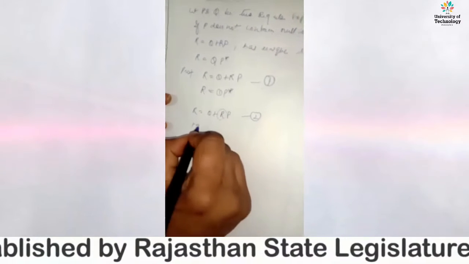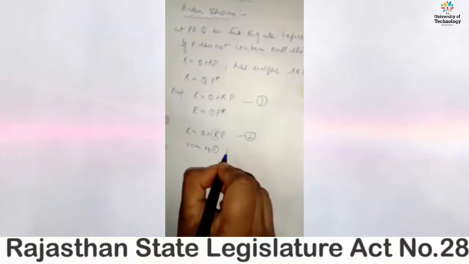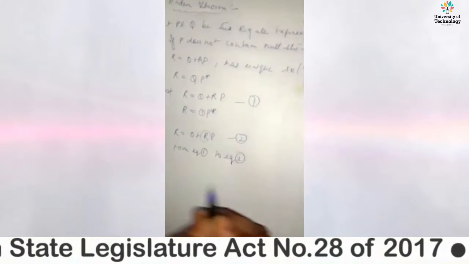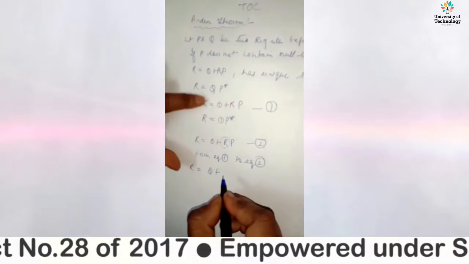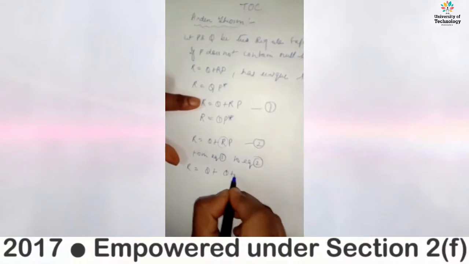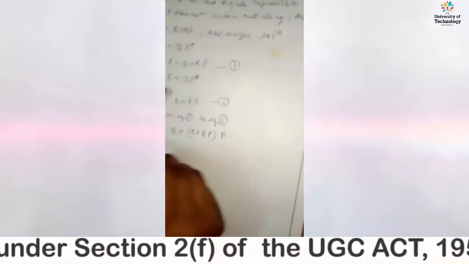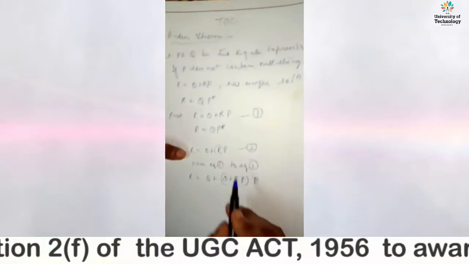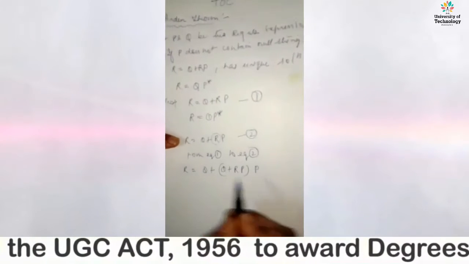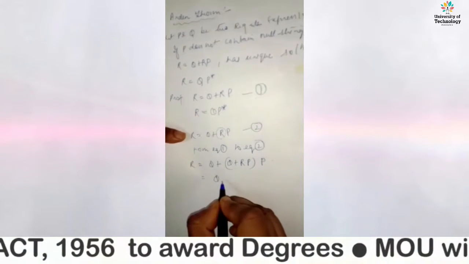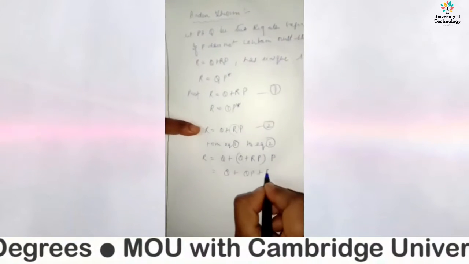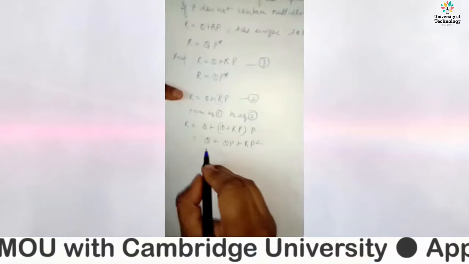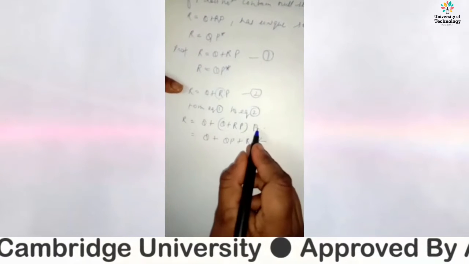So R is equal to Q plus, and R can be written, according to equation number 1, as Q plus RP, and then P. We are doing nothing, we are just substituting the value of R from the equation itself again and again. So how can you write it? Now R equals Q plus QP plus RP square. See, I have not done anything, I have just opened this P, right?